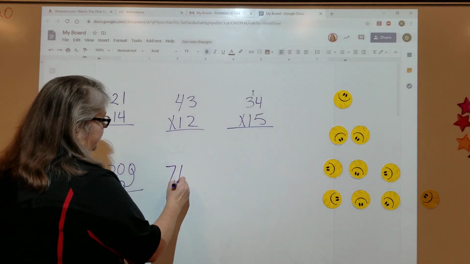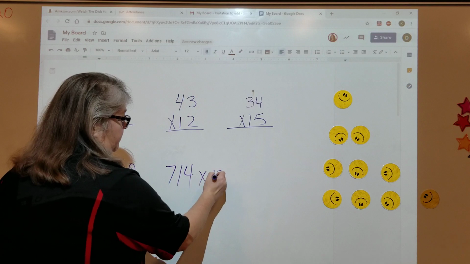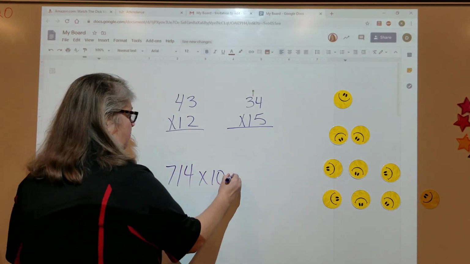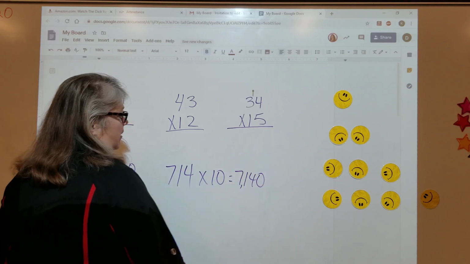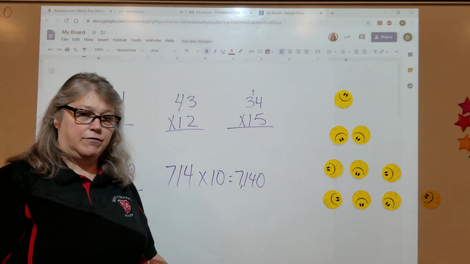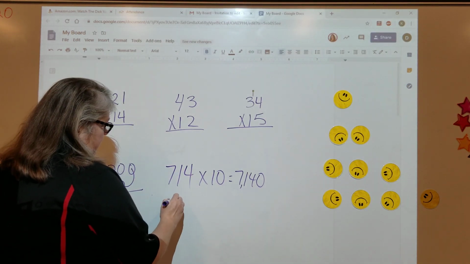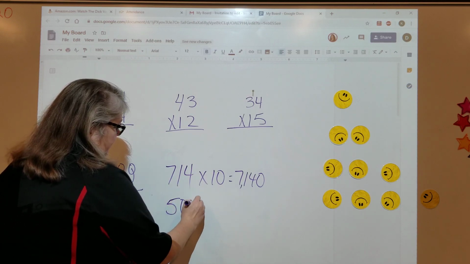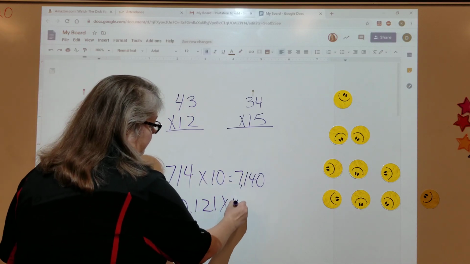So what is 714 times 10? 714 times 10 would be, well, you're going to take 714 and add the 0, put your comma, so 7,140. Let's try this one. Let's go with 50,121 times 10.